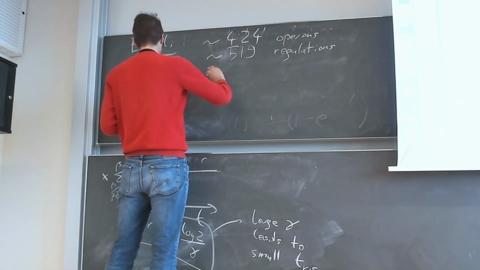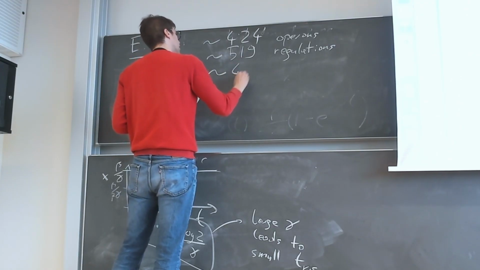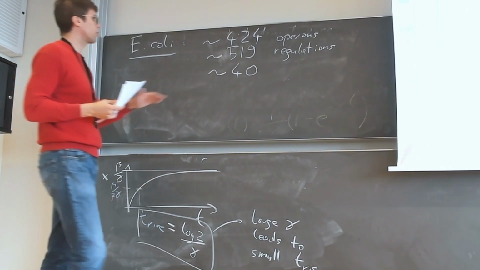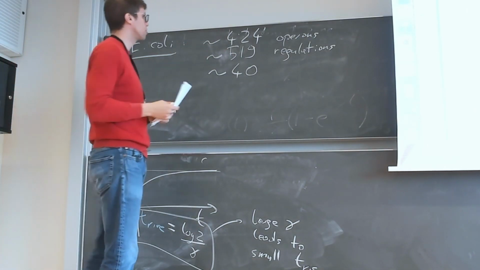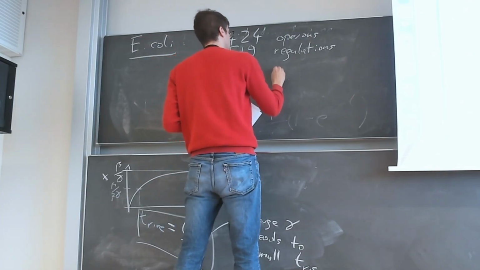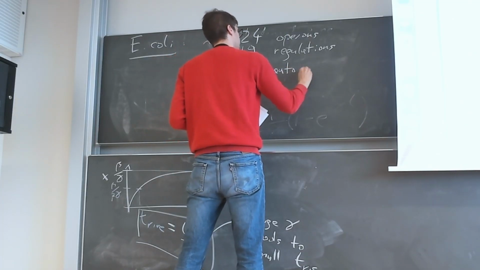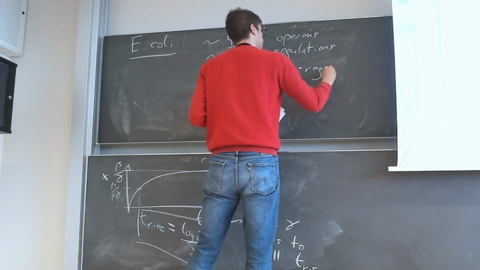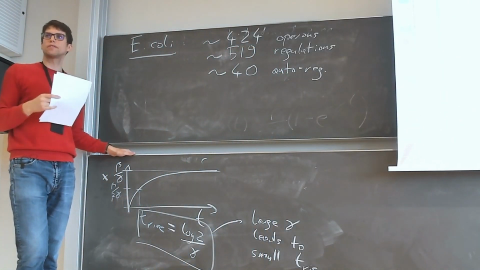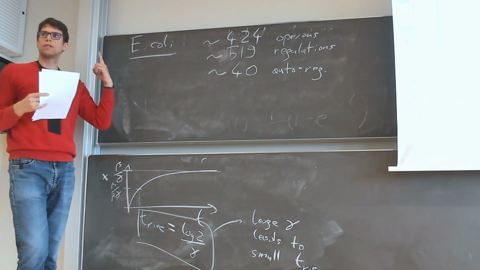And what you see, and this is kind of also an important observation, is that you get around 40, so around 10% of all the regulations that are going on are autoregulations. That means genes controlling themselves, either up or down.